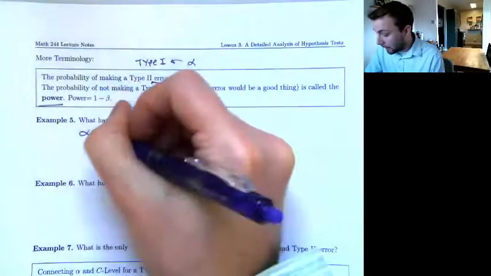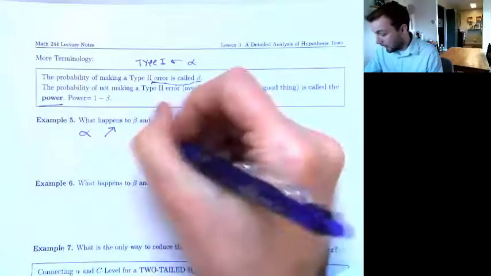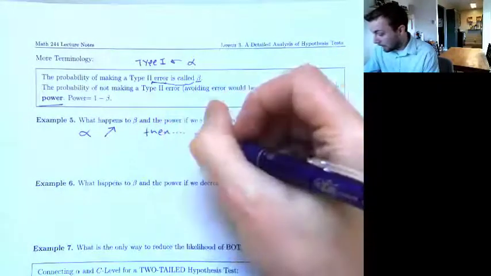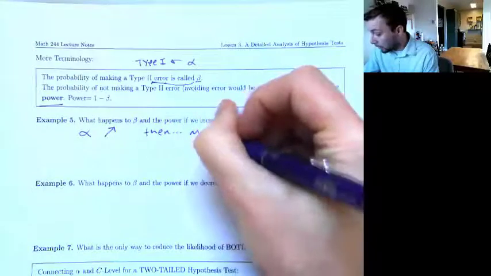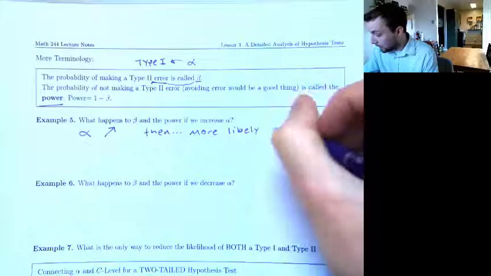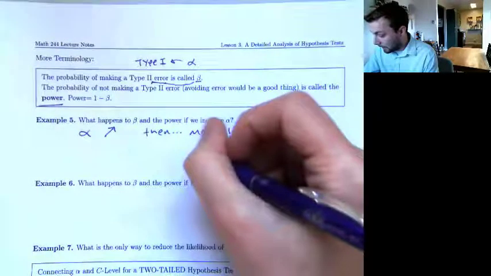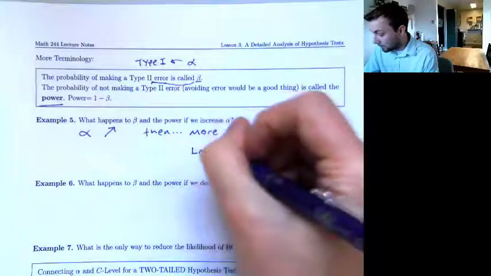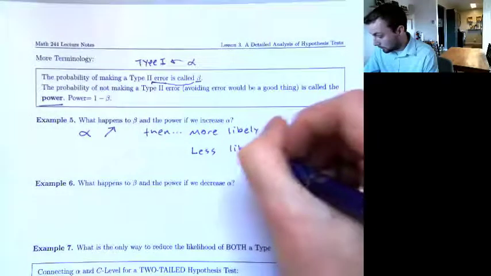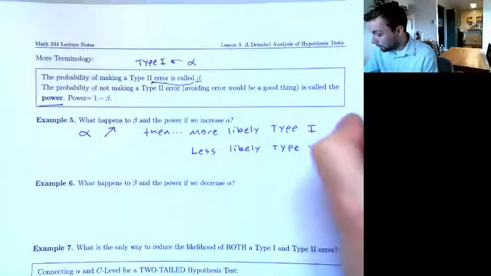So if I increase my alpha, then it is more likely that I make a type 1 error, and it is less likely that I make a type 2 error.